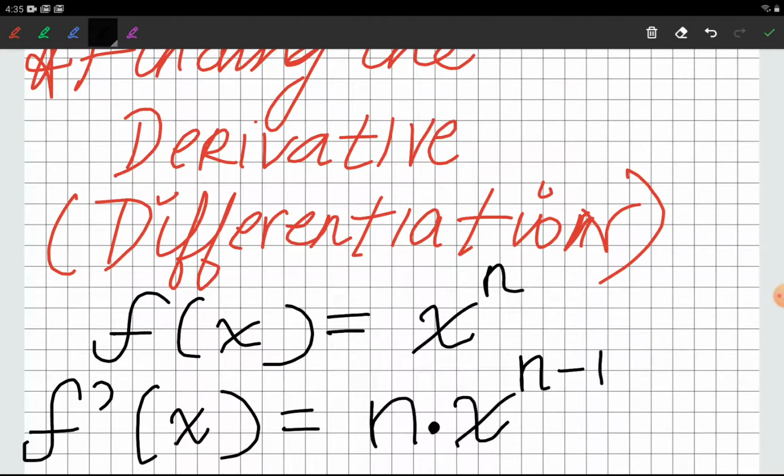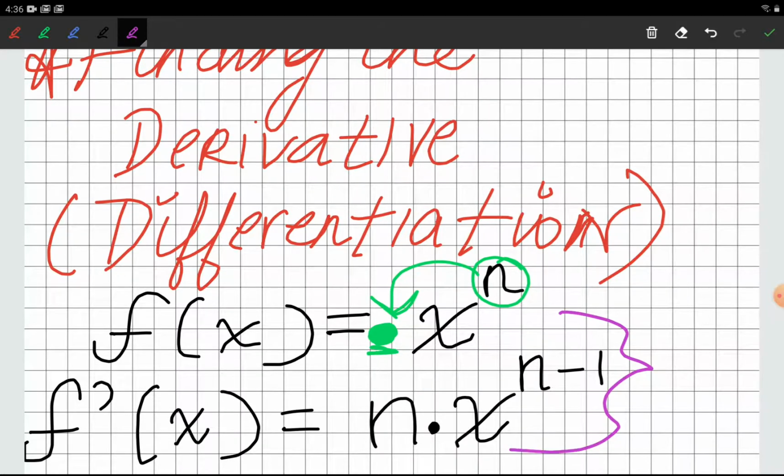So whatever this exponent is, you pull it to the front, multiply it by whatever coefficient is here, and then you subtract 1 from the original exponent, and that would be the derivative of that function. This is called the power rule.